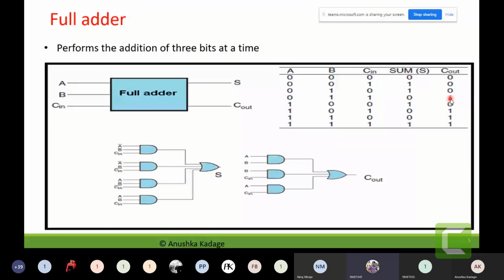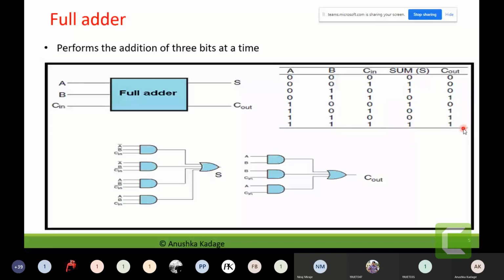So wherever we have two or more ones in the input combination, the carry generated is 1. You can have a look at that. If I am having two ones, then definitely the sum is 0 but the carry will be 1. But if the number of ones is odd, then the sum is 1, and for three ones the carry is also 1.